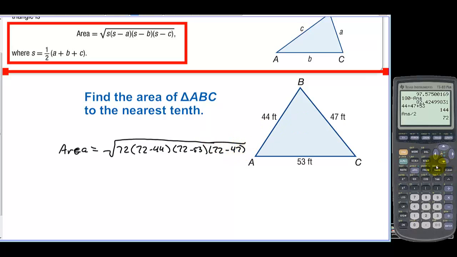So now it's just plug and chug. So we have square root of 72 times 72 minus 44 times 72 minus 53, and then finally times 72 minus 47. And the area of the triangle is 978.570, and that's going to be feet squared.